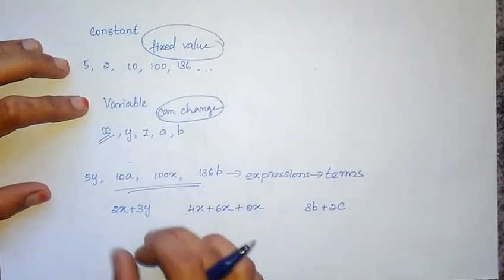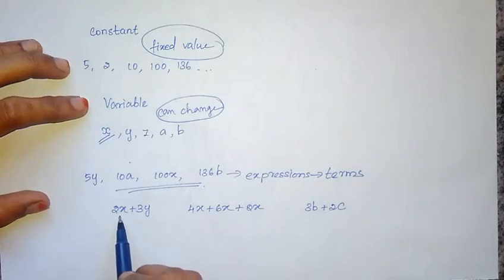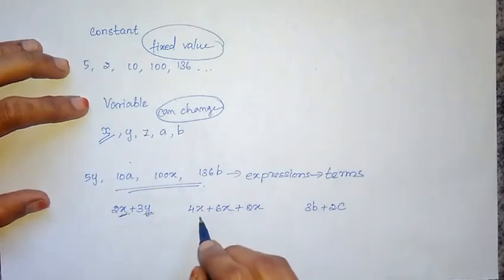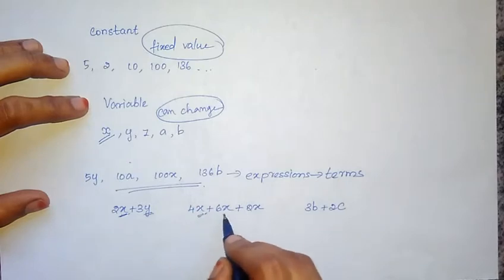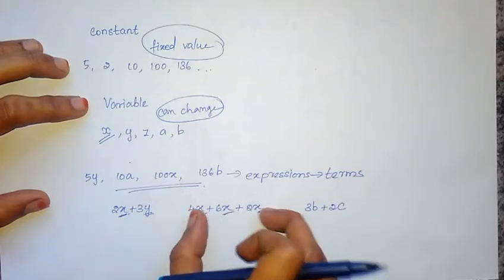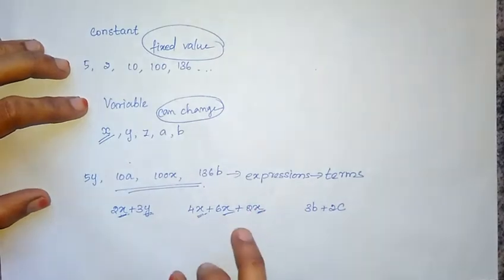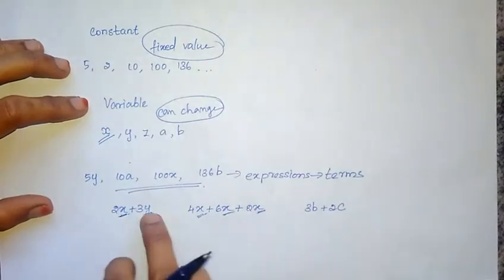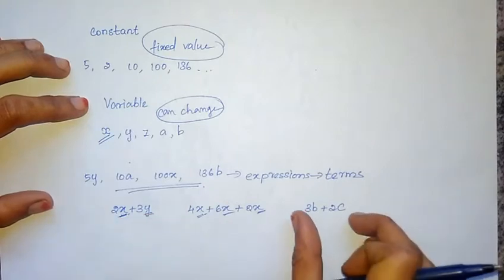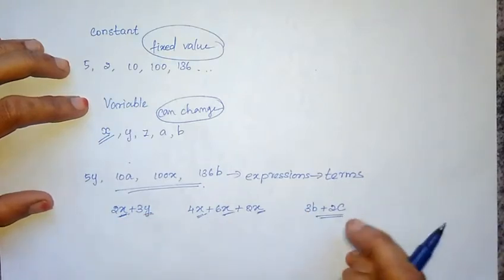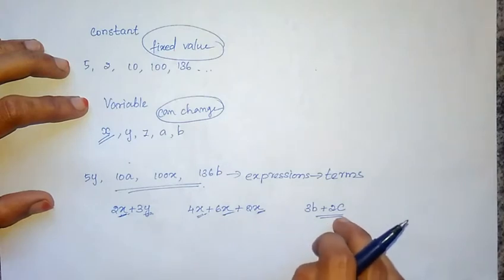So see here, we have the variables x and y. Here we have variable x. Here in this polynomial we have only one variable, that is x. Here in this polynomial we have two variables, x and y. Here in this polynomial also we have two variables, b and c.